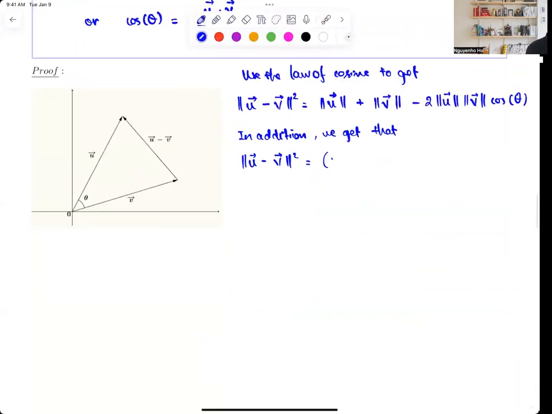So here you get u minus v dot u minus v. Here you use property 4 of theorem 1.